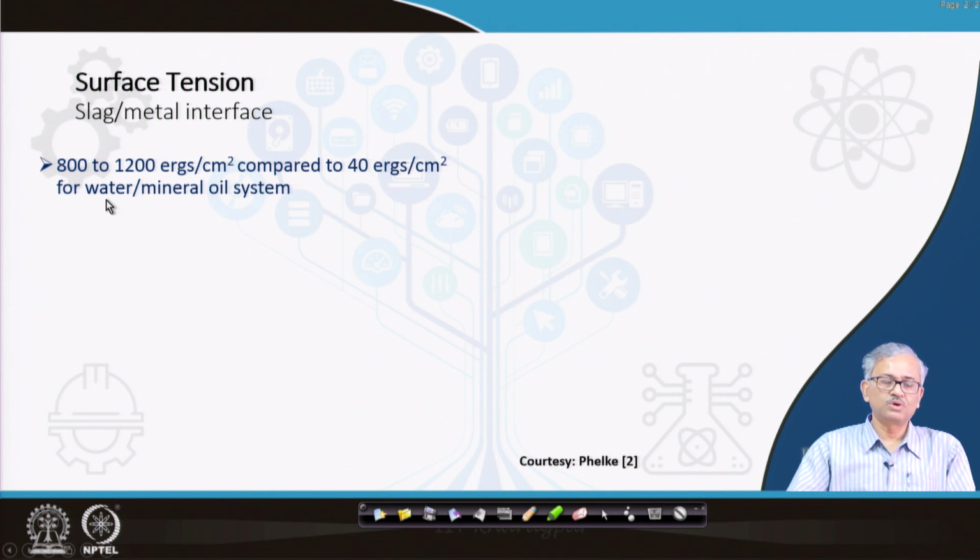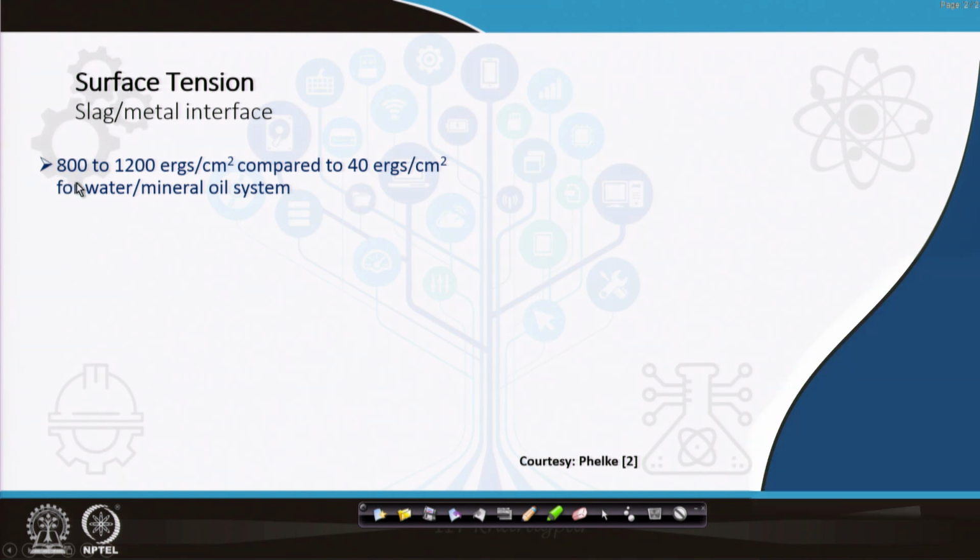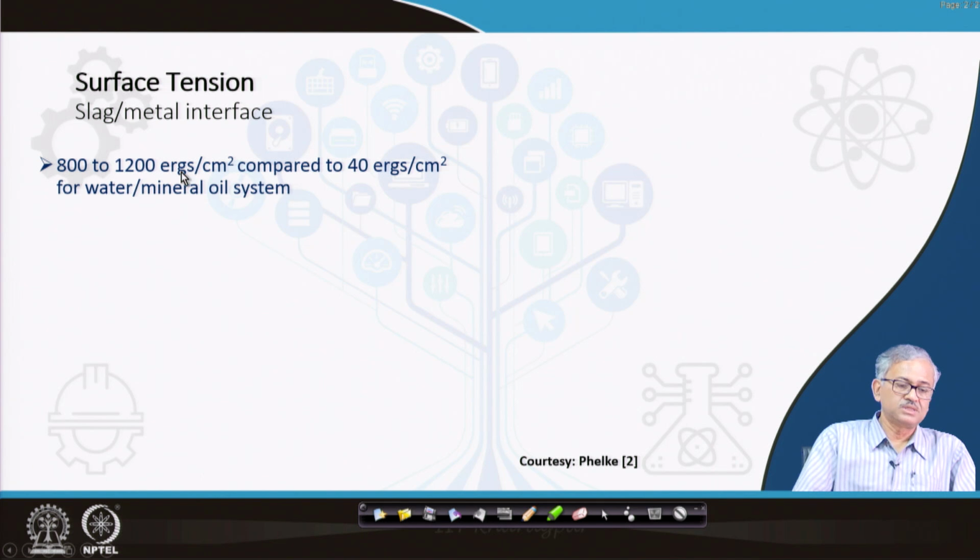Water is a low temperature analogue for steel, and mineral oil can be the low temperature analogue for the slag. So the water mineral oil system is only 40 ergs per centimeter square, and you can compare how high the value of 800 to 1200 ergs per centimeter square is.